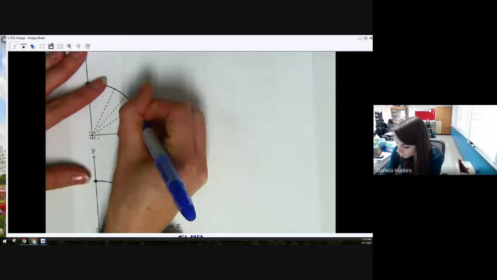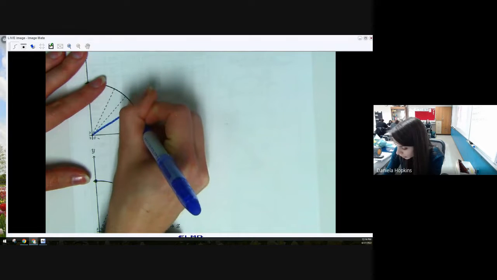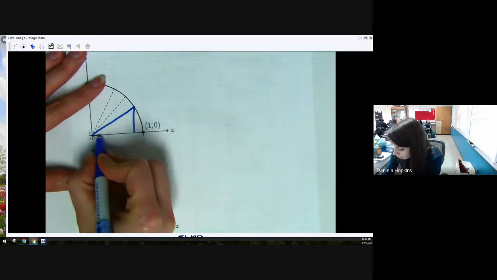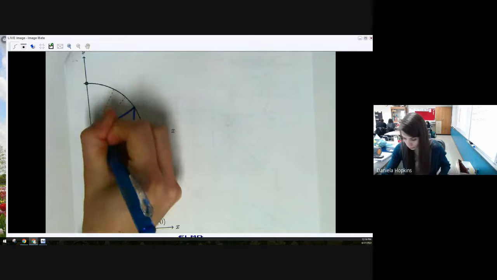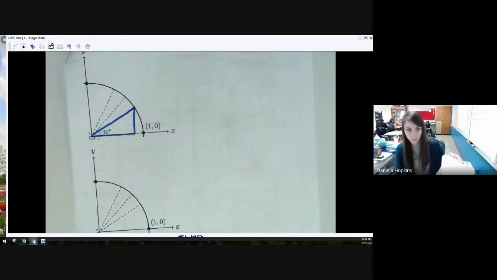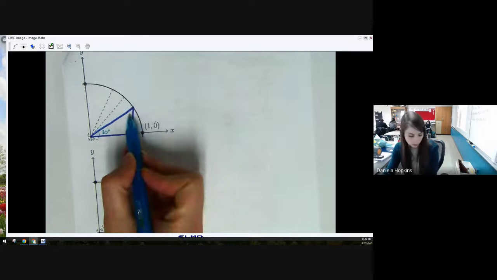So if you draw this bottom line here and make this a triangle, this angle here is 30 degrees. So this is a 30, 60, 90 triangle where my 60 degrees is up here.